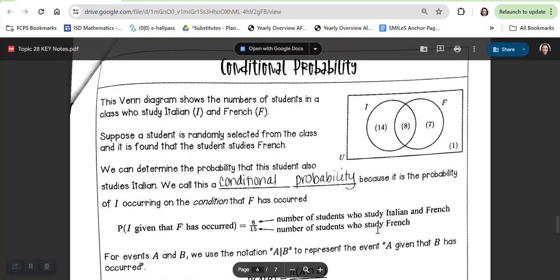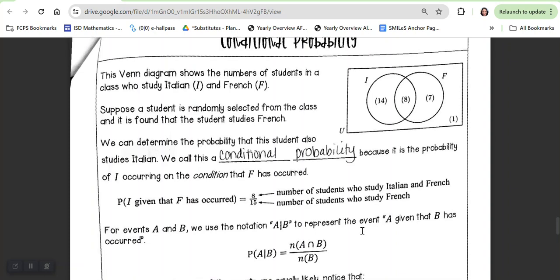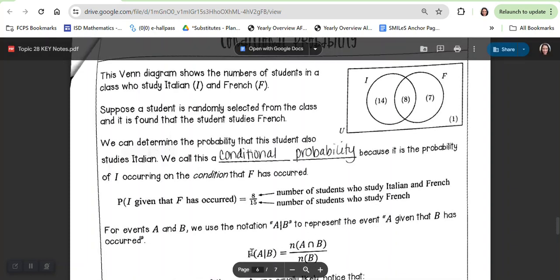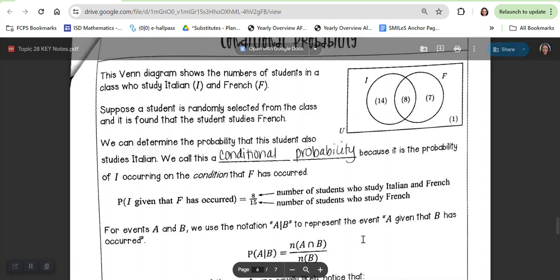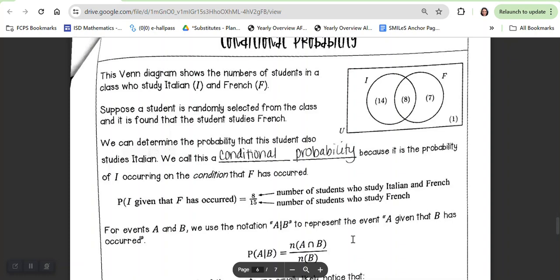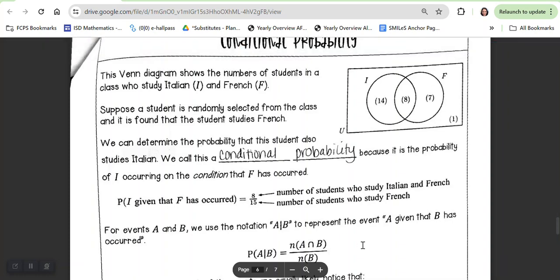So you can also do this with a formula. We use this notation to represent the probability that A happens given that B happens. And the formula is the number in the intersection, which is 8, over the number of the given event, and that was 15. So you can use the formula or you can reason it out.